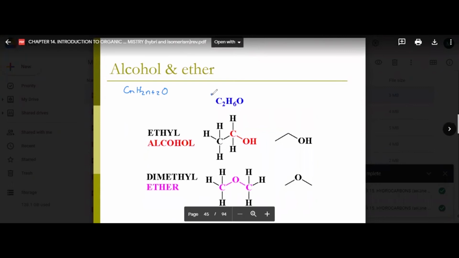So a molecule that has the molecular formula C2H6O can be drawn as alcohol, ethanol, or it can be dimethyl ether, or methoxymethane. You can see that they have the same molecular formula C2H6O. So alcohol with ether.